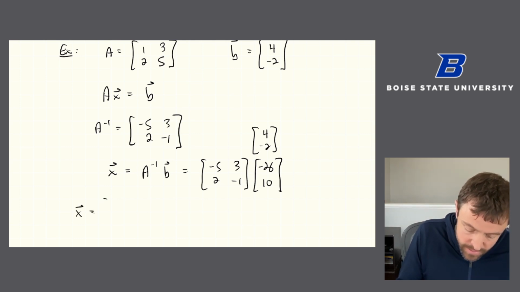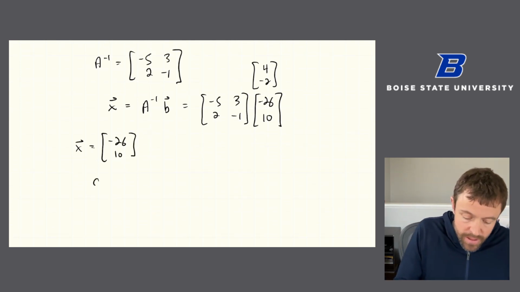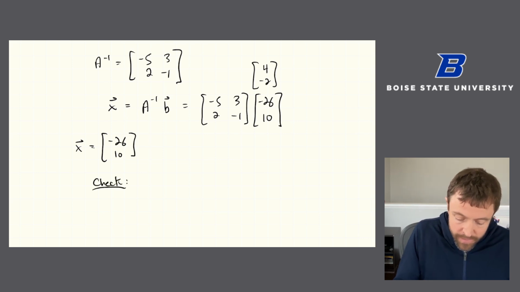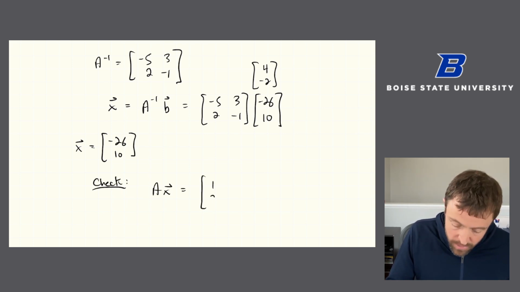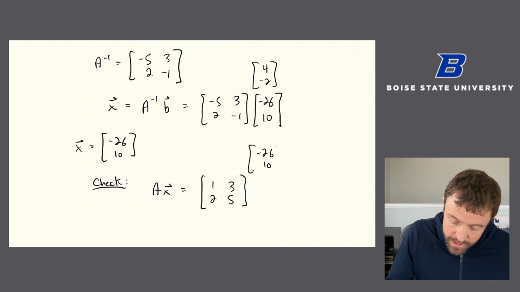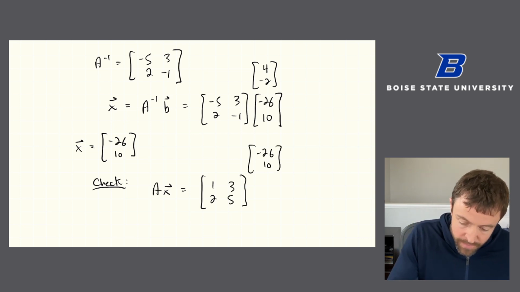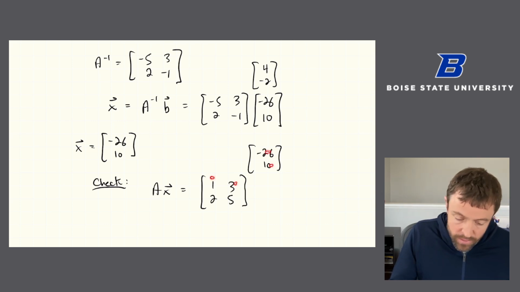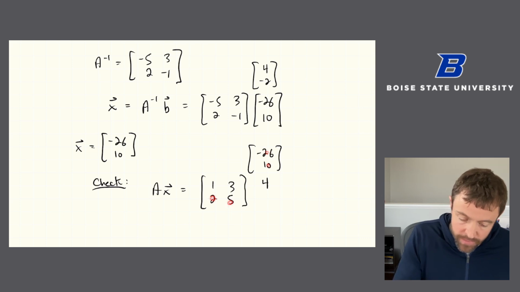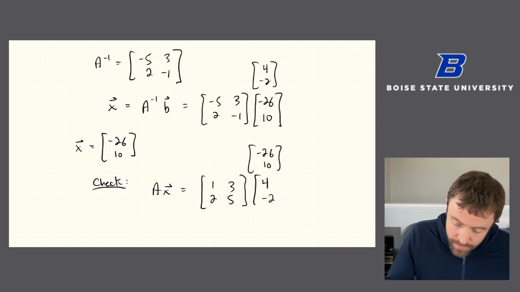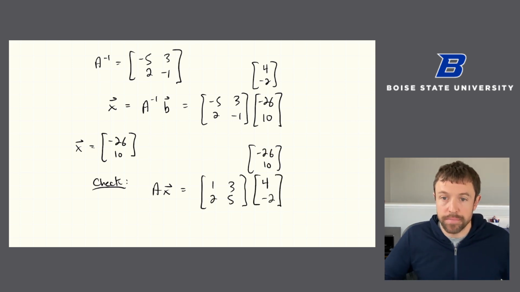So X is negative 26, 10. And let's check. AX is the matrix 1, 2, 3, 5 times negative 26, 10. Negative 26, 30 gives us 4. Negative 52, 50 gives us negative 2. So this was actually a solution.